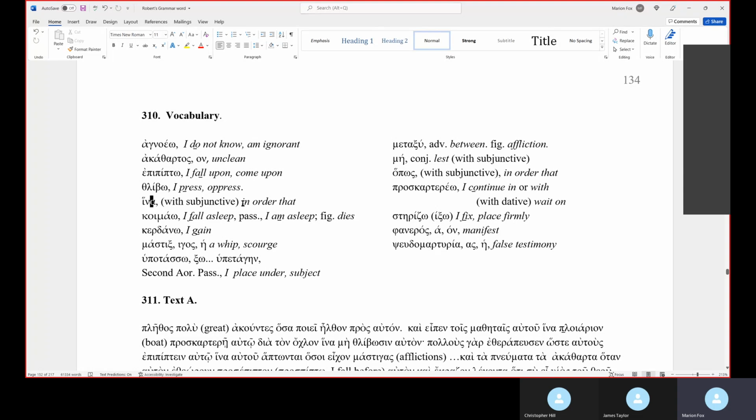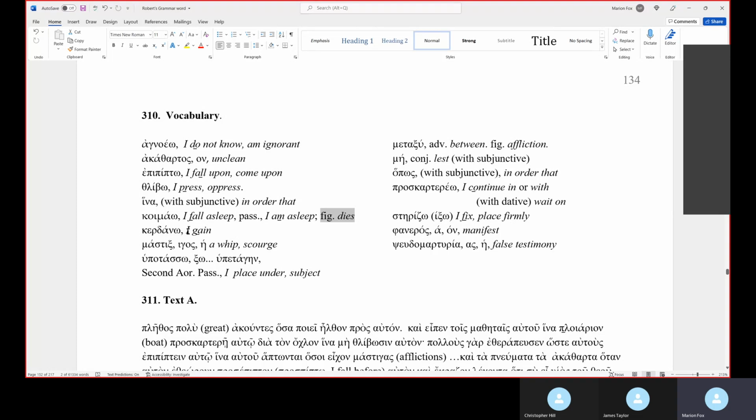It's a purpose statement: in order that. Koimao, and this is I sleep, and the passive is I am asleep. Figuratively, it's a figure of speech for dying, probably because the body of one who dies looks like he's asleep, looks like a sleeping person.